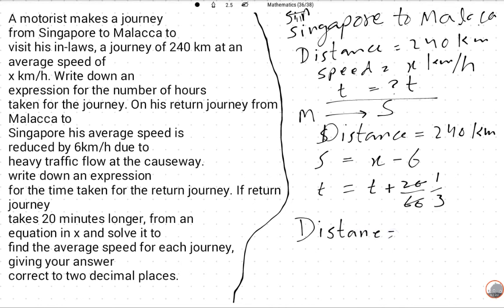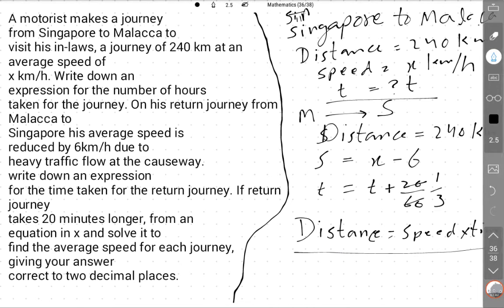Distance is equal to speed multiplied by time. So merge these values in this formula.